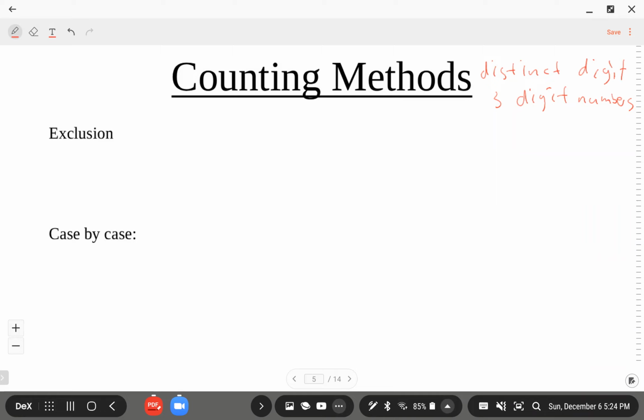So basically distinct digits means that each digit is different. Let's say you have 420. There's 4, 2, and 0. That would be a distinct digit, 3-digit number. That is good. What about 300? That is not a distinct digit, 3-digit number, because you have 2 zeros, right? All digits have to be different.